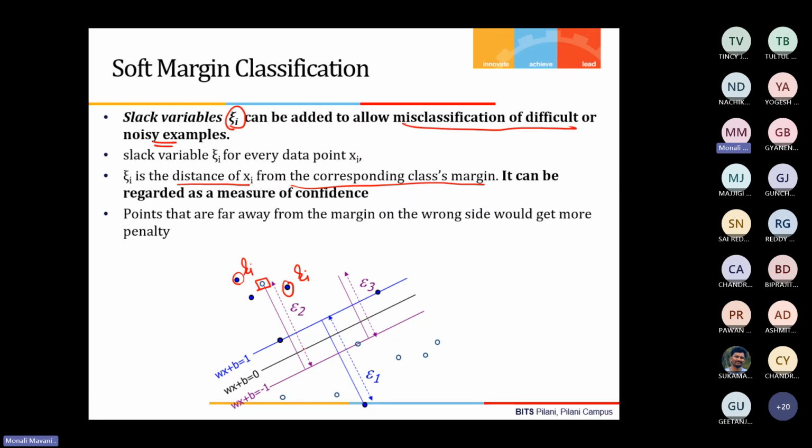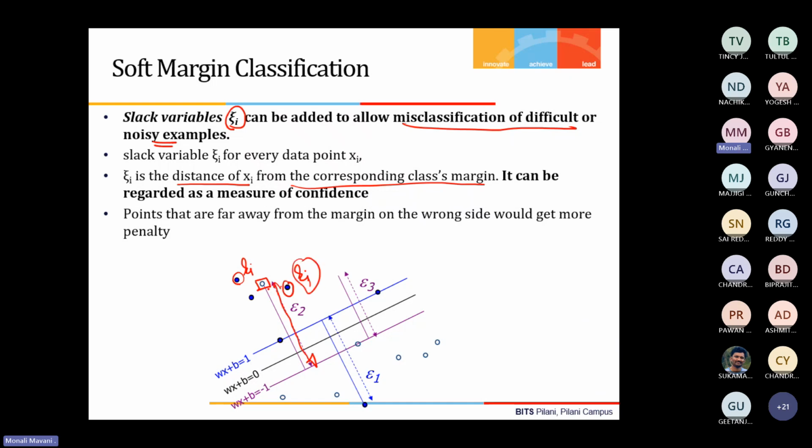Then we can introduce a slack variable, which is there with every data point, but intuitively, it is the distance between the point and the correct margin. As you see in the diagram, this distance is nothing but the value of the slack variable. Here we are not talking about a Euclidean distance, but a different distance function. I will explain in a while.